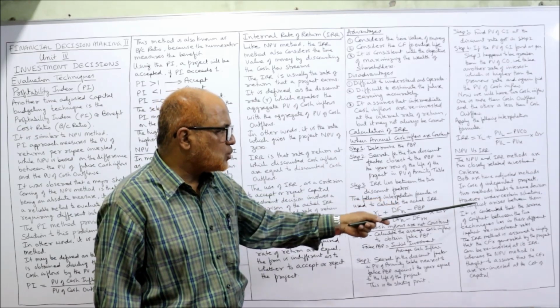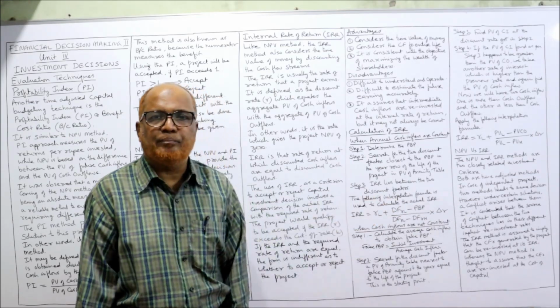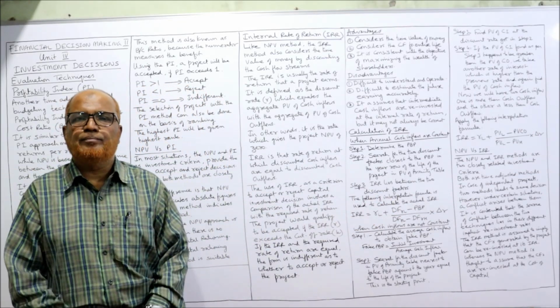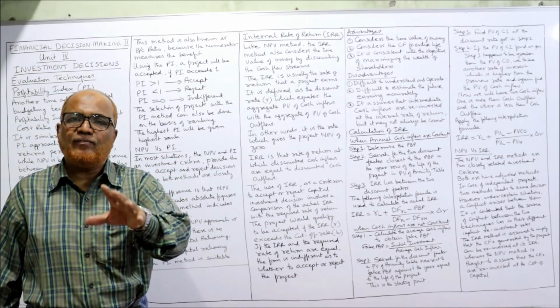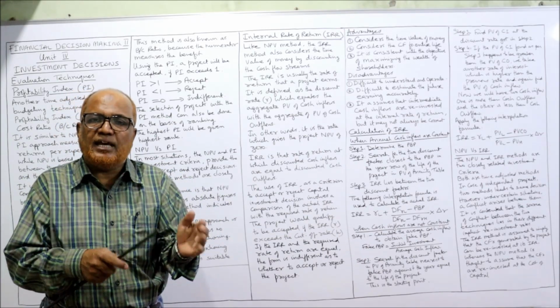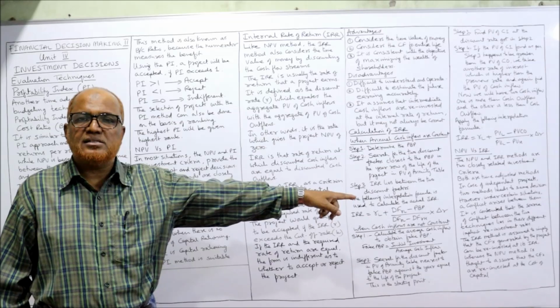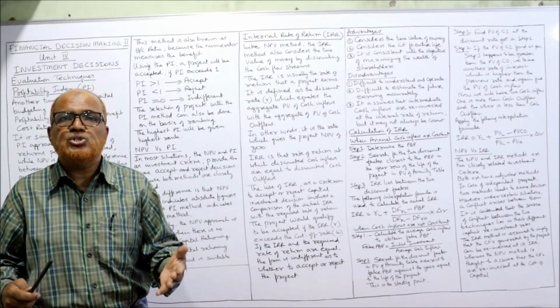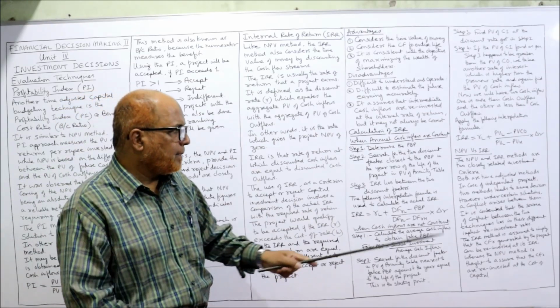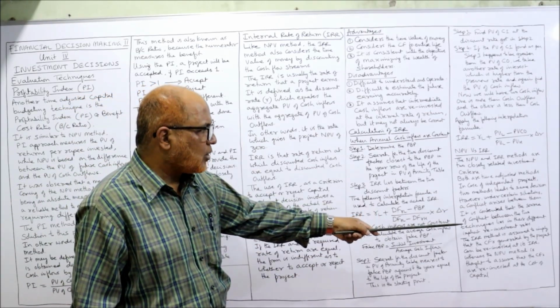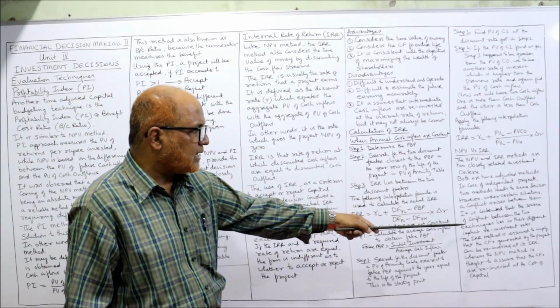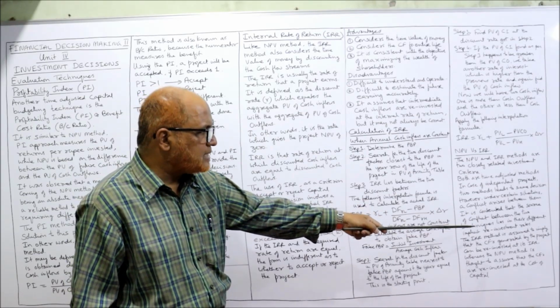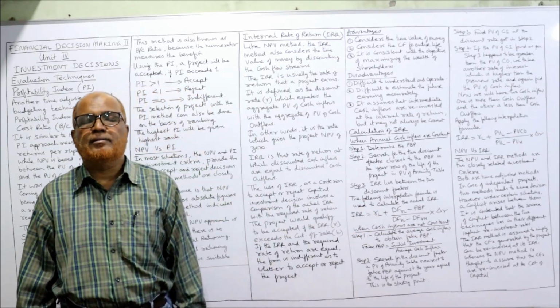However, under certain situations a conflict arises between them. Conflict means NPV suggests project A, whereas IRR suggests project B. Both are giving different decisions. It is contended that the source of conflict between the two techniques lies in the different implicit reinvestment rates.